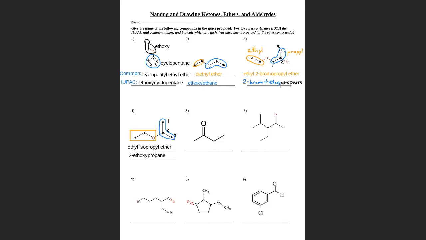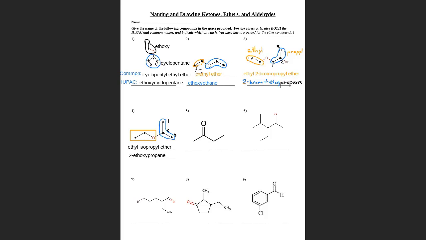Is that what you got? I just didn't have the 2 on there. I had the rest. Oh, okay, well, good. Unfortunately, you wouldn't necessarily need it if it was a 2 carbon chain, like the one we had when it was ethoxyethane, because in that case, regardless of whether you put the oxygen on this carbon or this carbon, it's still going to be carbon number 1, right?